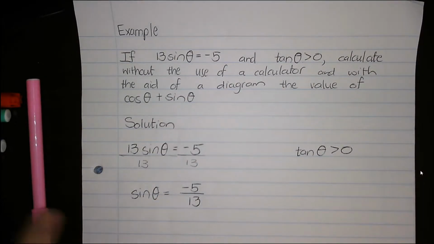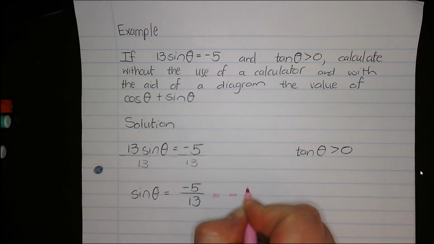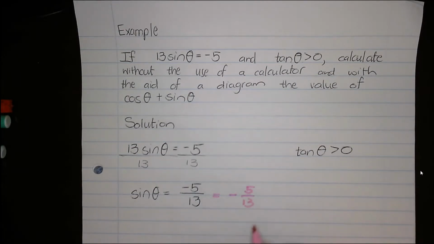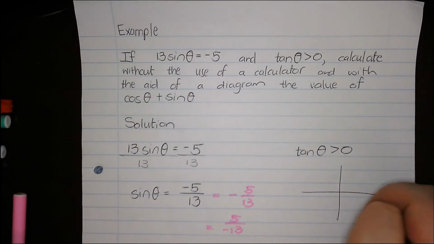Now, just keep in mind that this could also be negative 5 over 13 or 5 over negative 13. Alright, and the way that the sketch is drawn will determine whether x or y is negative. R can't be negative, but x or y can be.